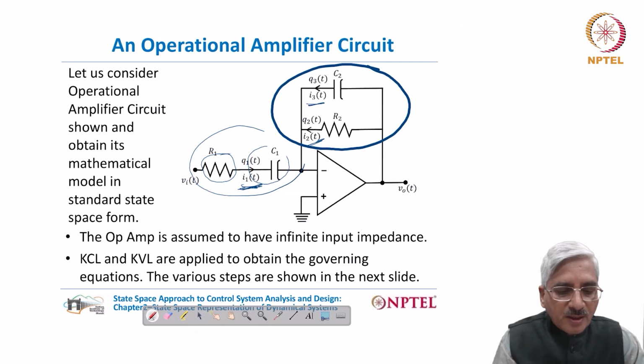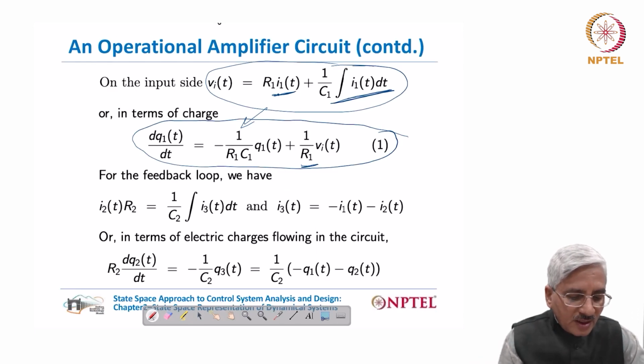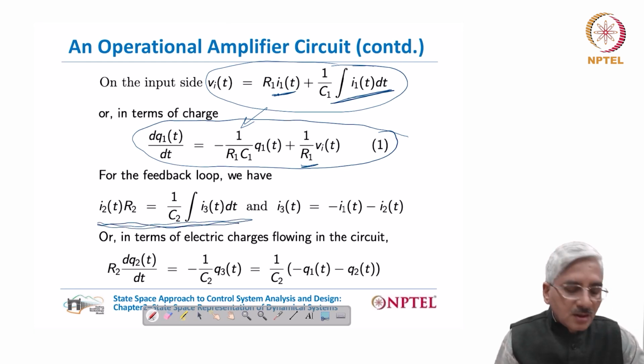That will be obtained if we apply KCL. So with these things in mind, the voltage drops across the resistance R2 and the capacitance C2 must equal each other. So we get I2 R2 equal to 1 by C2 integral I3 dt. And KCL applied at that junction at the inverting input of the operational amplifier gives I1 plus I2 plus I3 equal to 0, or I3 can be expressed in terms of I1 and I2 like this.